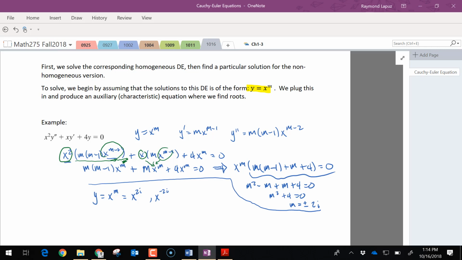What's Euler's formula? E to the I theta. So the complex number is in the I.